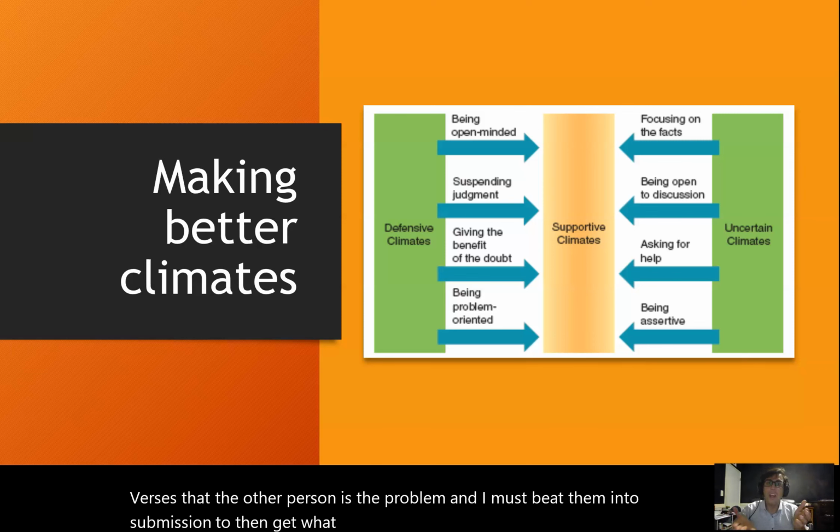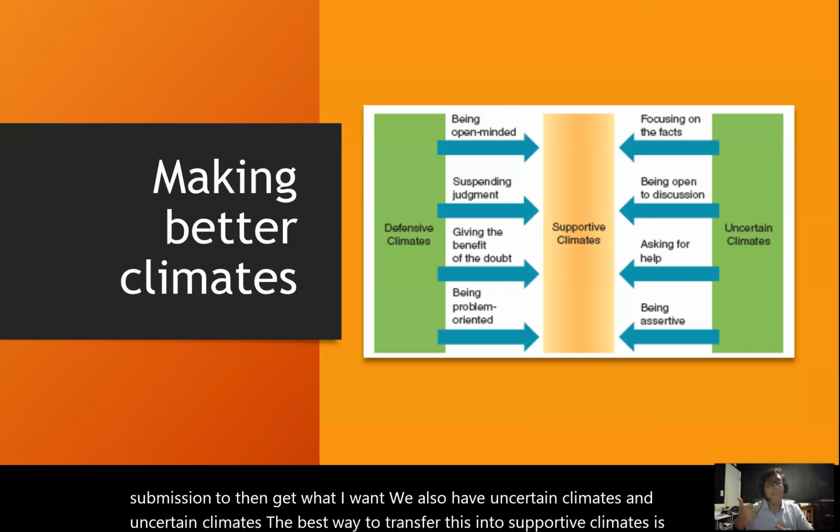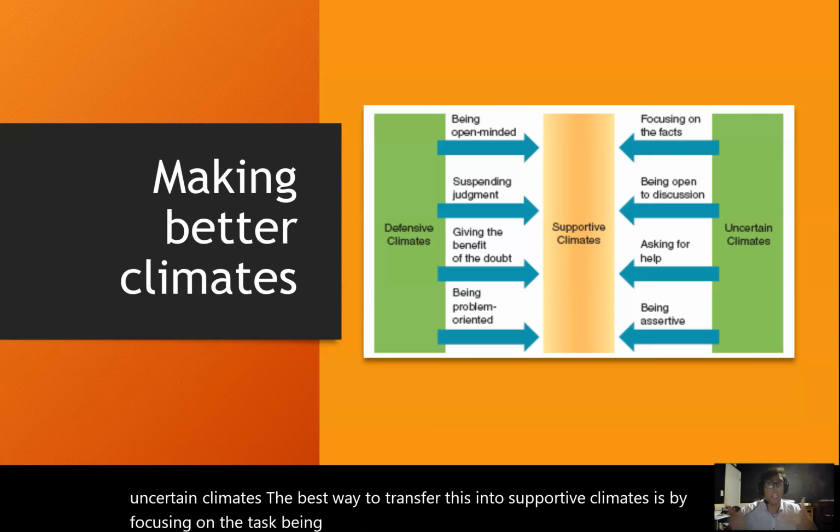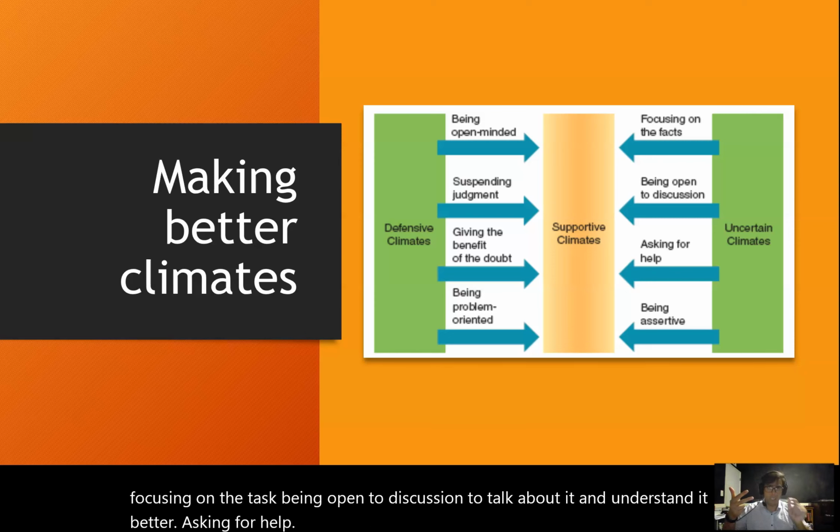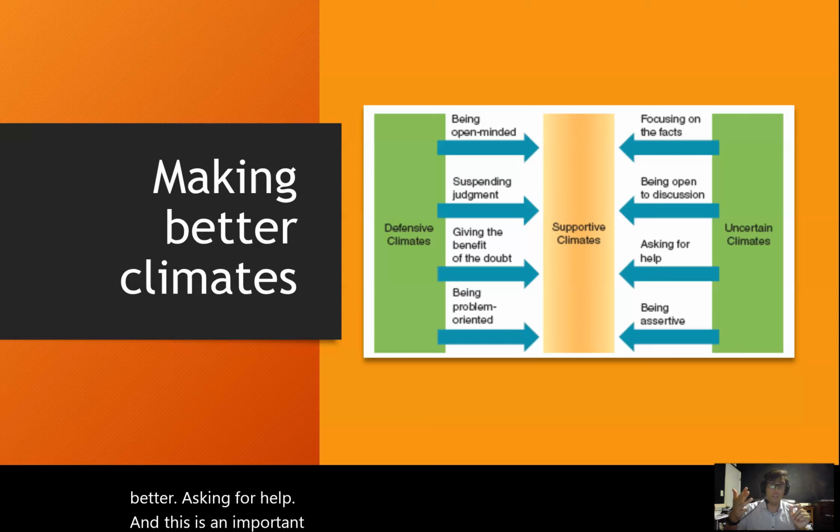We also have uncertain climates. And uncertain climates, the best way to transfer this into supportive climates is by focusing on the task, being open to discussion, to talk about it and understand it better, asking for help, and this is an important one, being assertive.